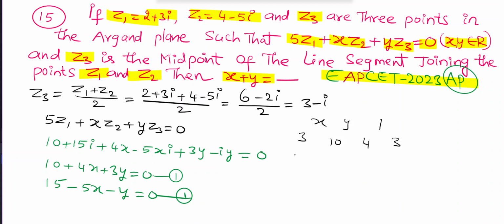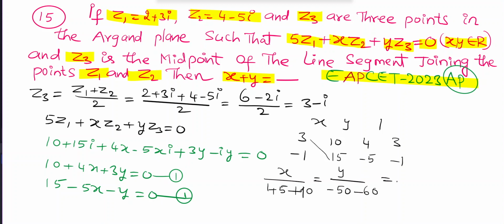In the second equation, the y coefficient is −1, and the constant is 15, the x coefficient −5. So x value: x by (3 × 15 = 45, minus −1 × 10, plus 10), y by (10 × −5 = −50, minus 15 × 4 = 60), equal to 1 by (−4 − (−15)).